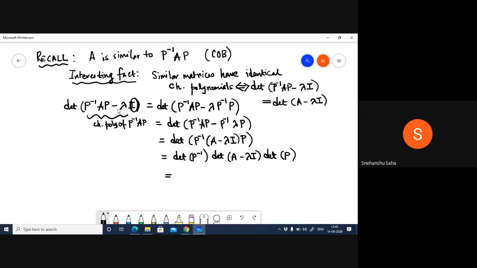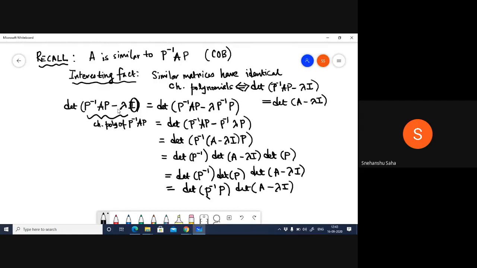Determinants are scalars, so you can change the order of the determinants in any way you like. Then again you can use the property of the determinant to club these together. This is I. The determinant of an identity matrix is nothing but 1, and so you got what you wanted.